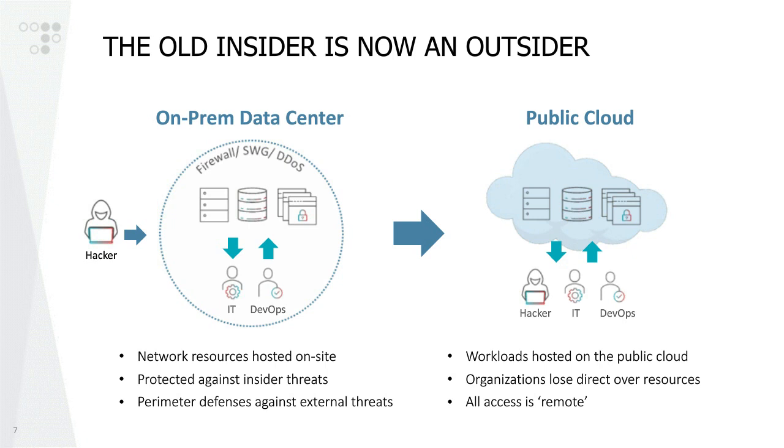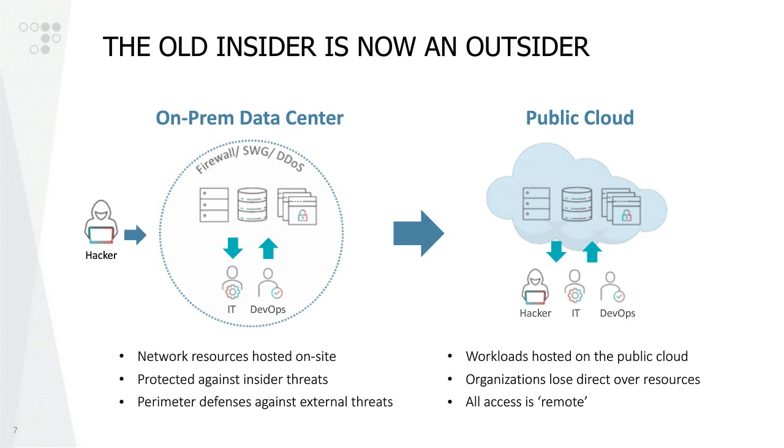Now, in this world where they are outsiders, IT staff and malicious users or hackers have essentially the same level of access to these workloads running in the cloud. As we said, it's all done using standard connection protocols. Everything is publicly documented. Everything is exposed.